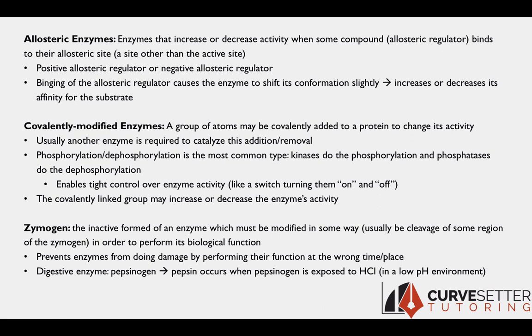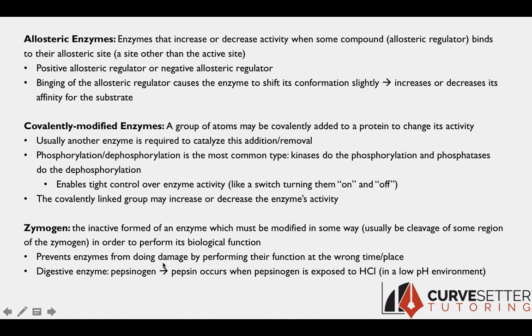Usually phosphorylating an enzyme turns it on, and dephosphorylating it turns it off, but it could be the reverse. There are other forms other than phosphorylation and dephosphorylation, but this is the most common type. And the covalently linked group, which for this is a phosphate group, may either increase or decrease the enzyme's activity.